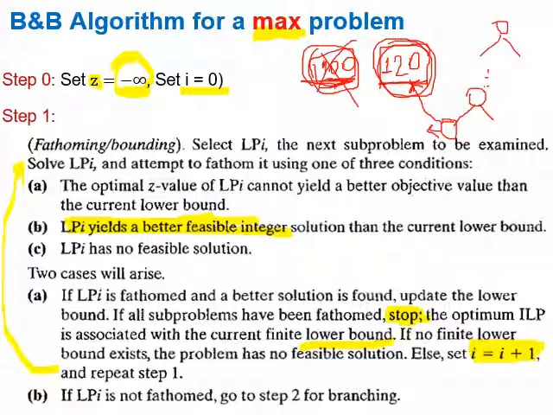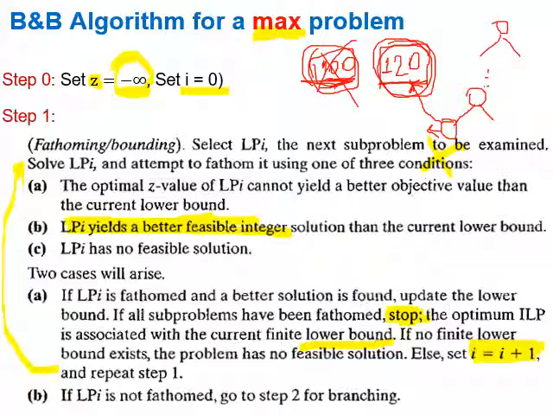What do we mean? We terminated this node due to one of these reasons, but still there are some other subproblems that are not terminated, so we cannot stop. We continue by selecting another node and repeating the steps on that node.